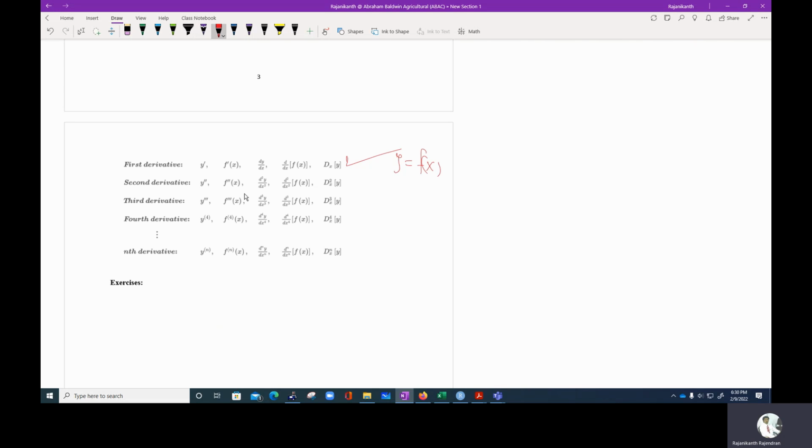We write d2y over dx2. The meaning is you are finding the derivative of dy over dx, the first derivative, again with respect to the same variable x. This is called the second derivative of the function y with respect to x. It could also be written as y double prime and so on.